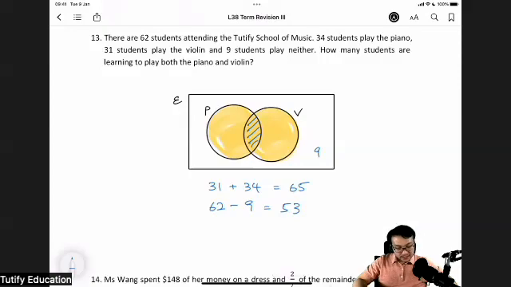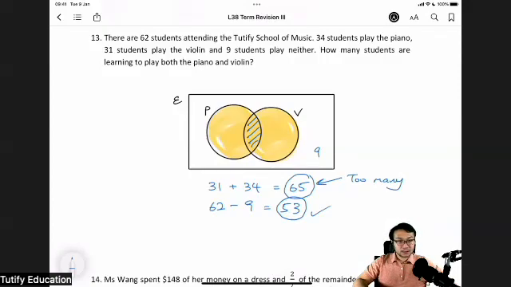Well, we already know that there are supposed to be 53 people altogether in the yellow circles, correct? But we also know that when you add them up, you got 65. The reason for the extra people is because of the overlap. Am I right? You're supposed to have 53 people, but ended up getting too many people.